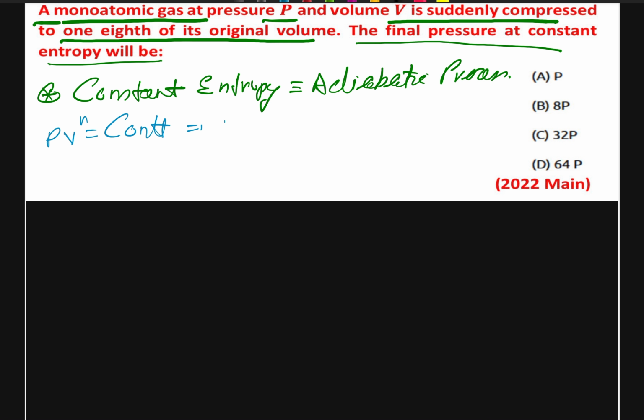Therefore we can write P1 V1 gamma is equal to P2 V2 gamma, and we are given that the volume is 1/8 of the original volume.